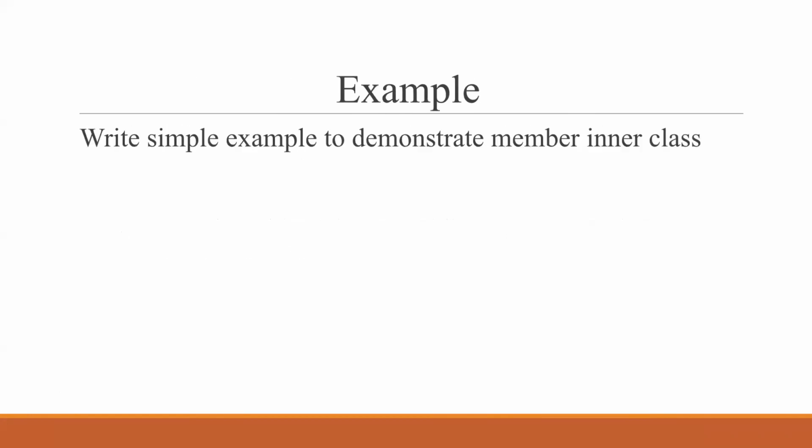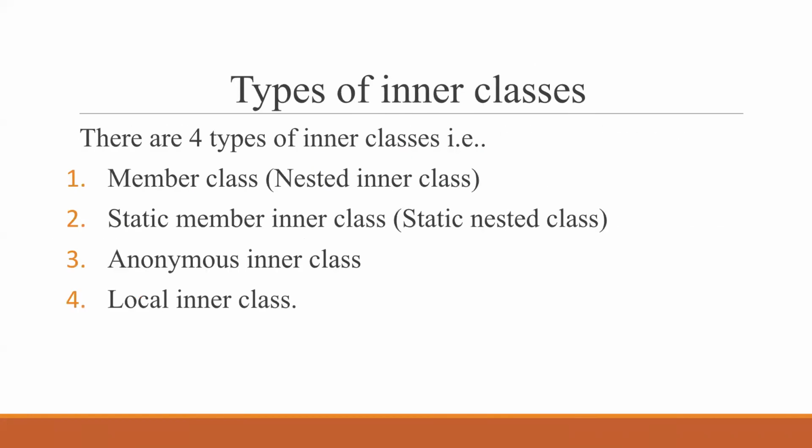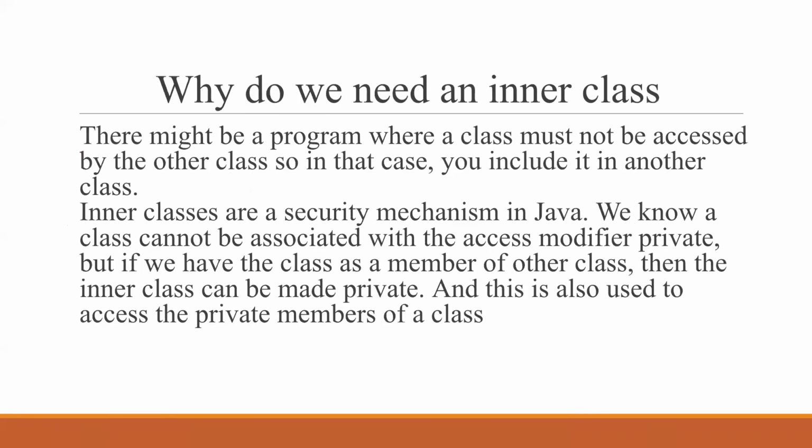Okay, if you come back to the advantages, you're asking why we are running away from this. If you read through this, we are saying there might be a program where a class must not be accessed by the other class. So in that case, you include it in another class. Inner classes are a security mechanism in Java. We know a class cannot be associated. Yeah, basically this, if I can stop at that. Could that have answered you?